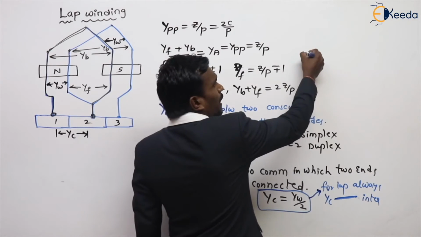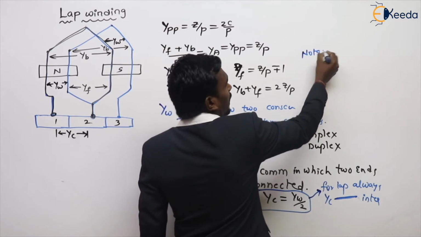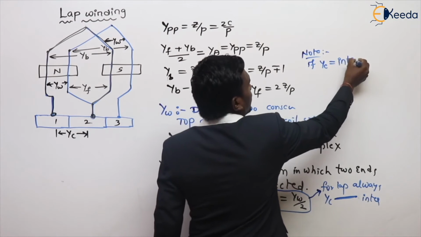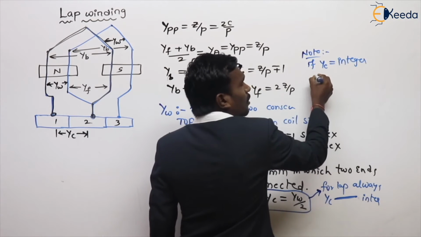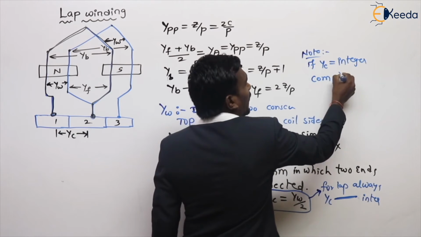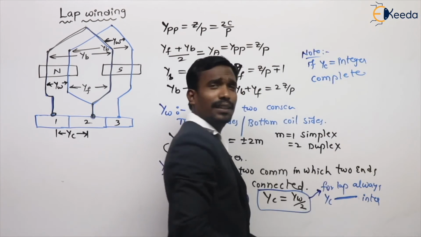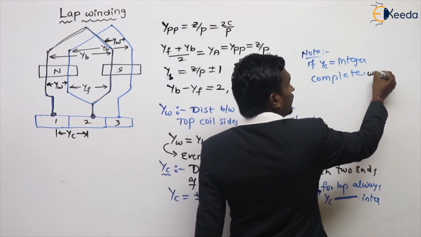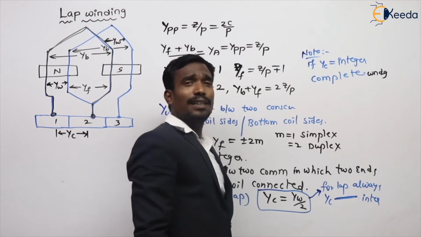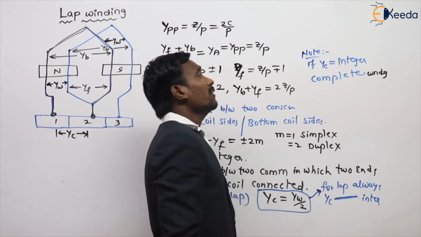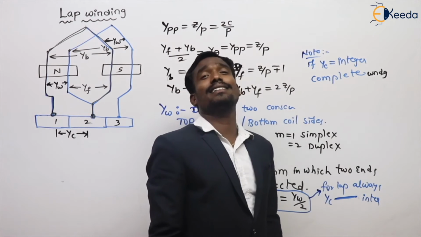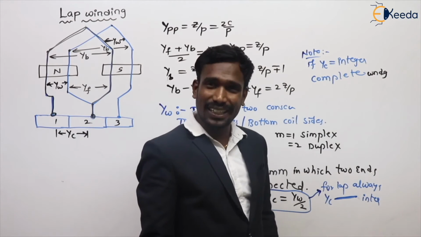And here, a very important point is that if the commutator pitch is an integer, then it is called a complete winding. If the commutator pitch of the winding is an integer, it is considered a complete winding. If it is not an integer, then it is considered an incomplete winding.